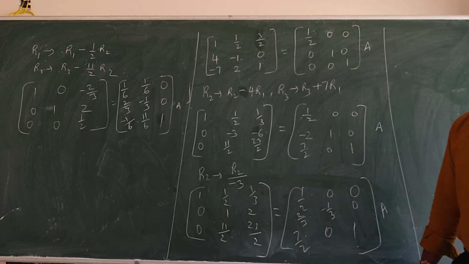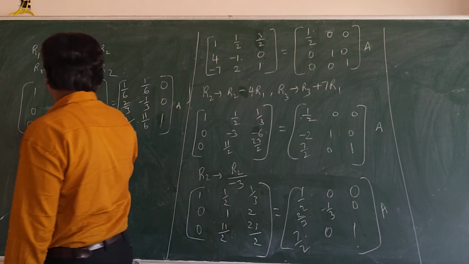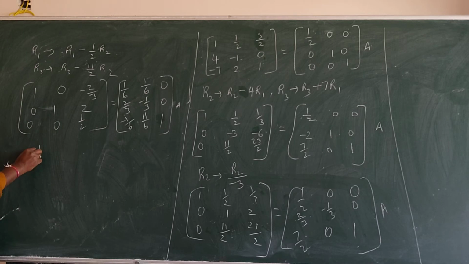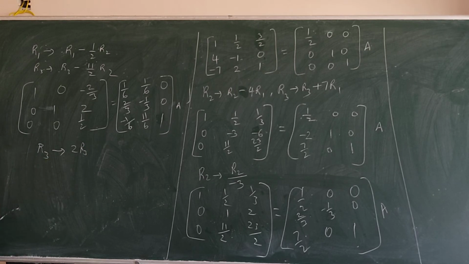Okay, now what you have to do, this is 1, so you have to make it 1. So what do you write here? R3 implies 2R3, correct? Right?